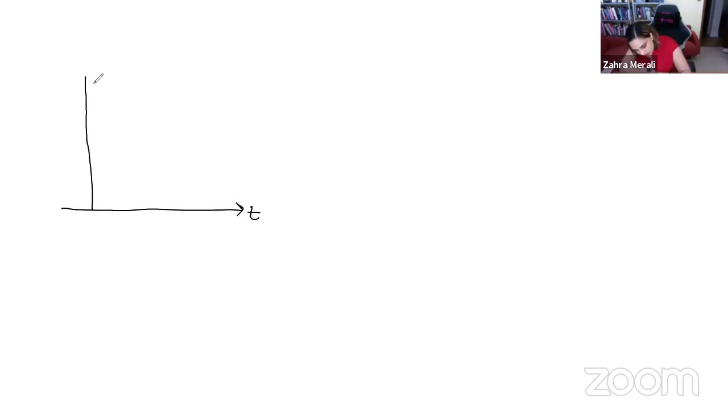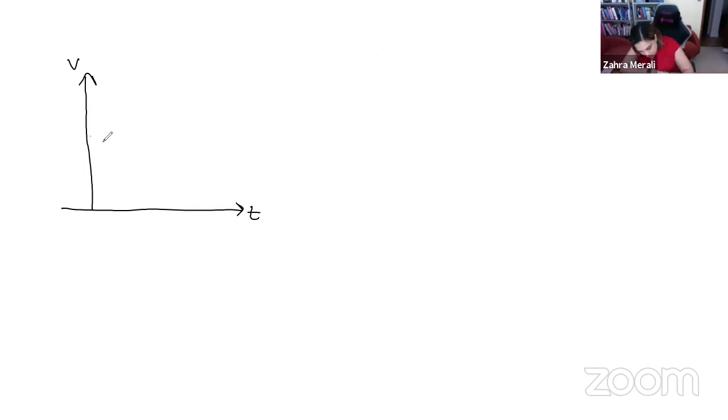So we've got time and we've got velocity. Right, so what's velocity representing? Velocity is representing your speed, but it has a direction. So if you have a straight line, then your velocity is not changing.